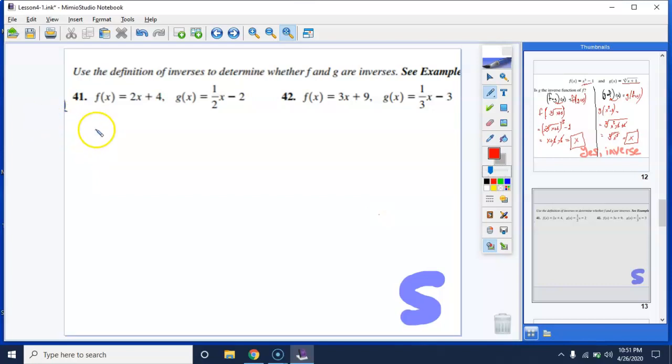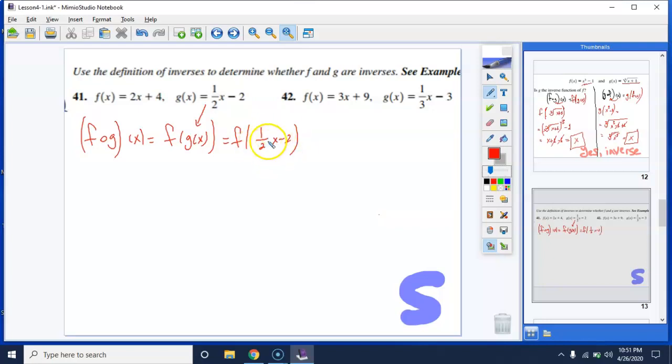Let's calculate f of g of x first. I know what g(x) is, the g function is over here. Let me put it over here: f of 1/2 x minus 2.